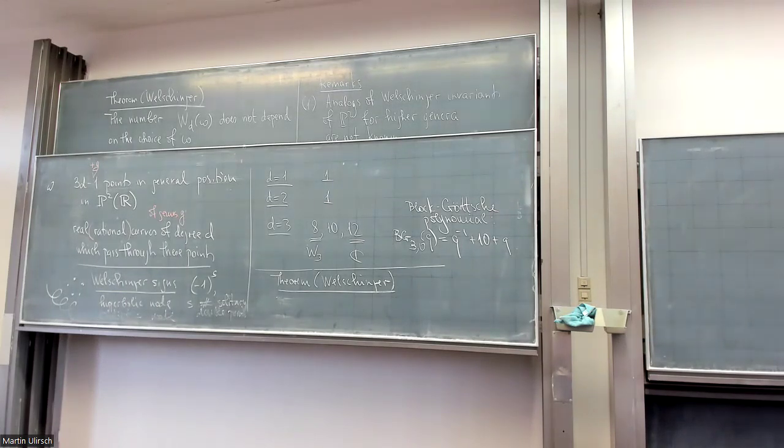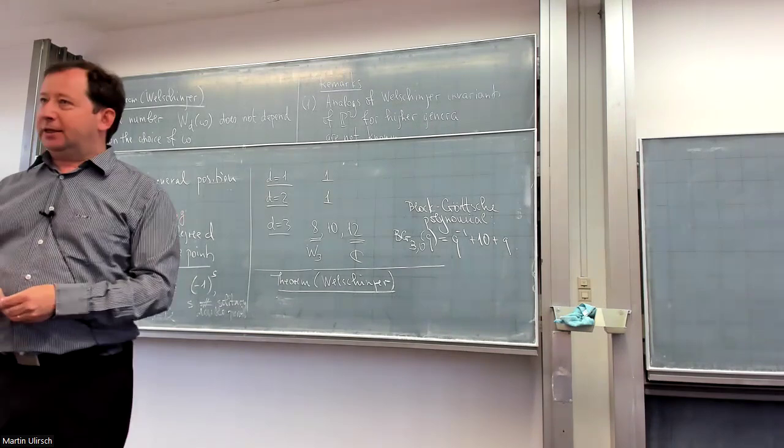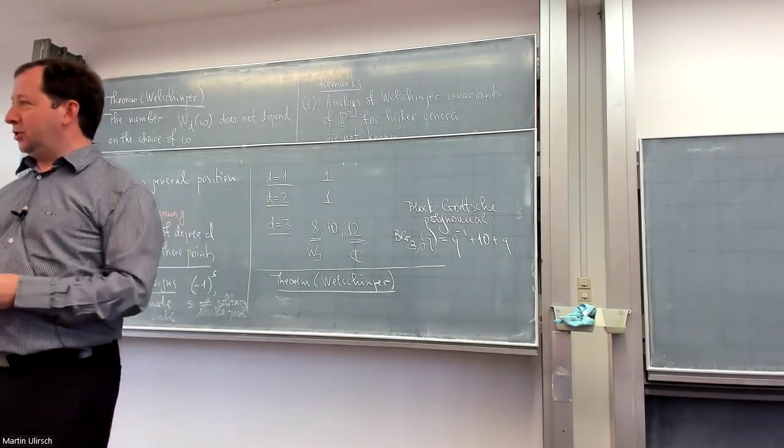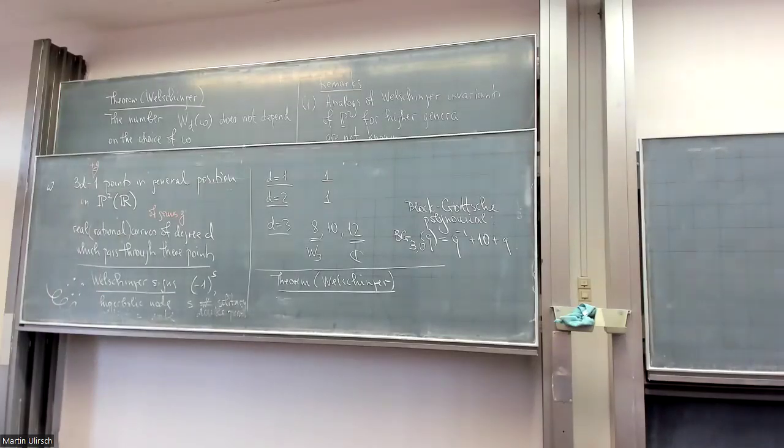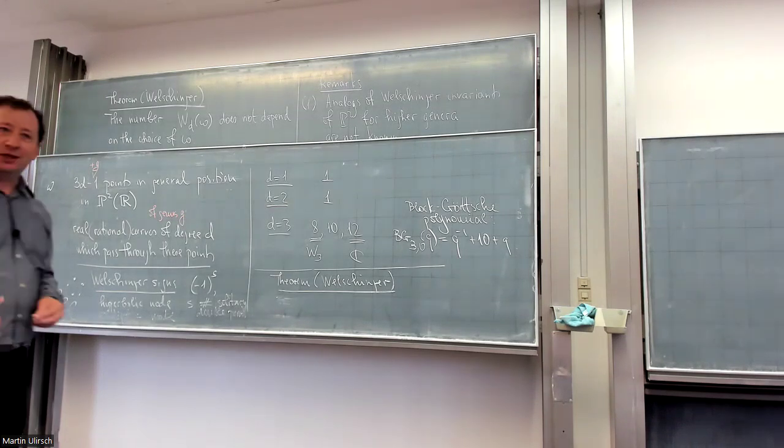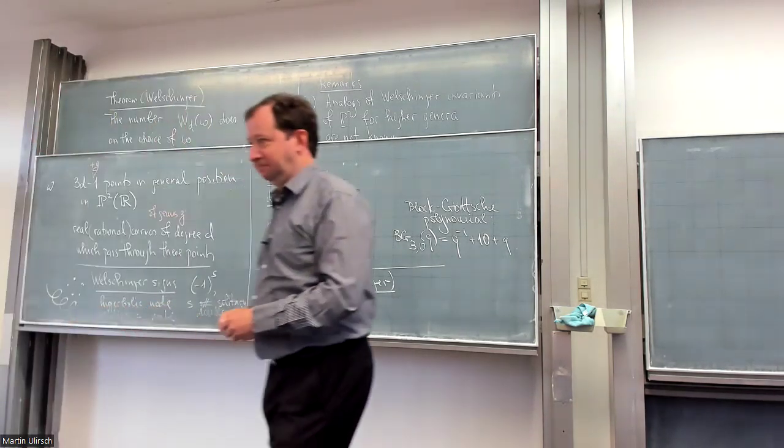You can look at some pieces and then glue these pieces in an appropriate way to interpret these Welschinger invariants as a degree of some map or in some intersection theory terms. But when you do this gluing procedure, to show that the result is exactly what you need, you use the same arguments as in the proof of the Welschinger theorem. So in a sense, it doesn't give you an independent proof of the Welschinger theorem.